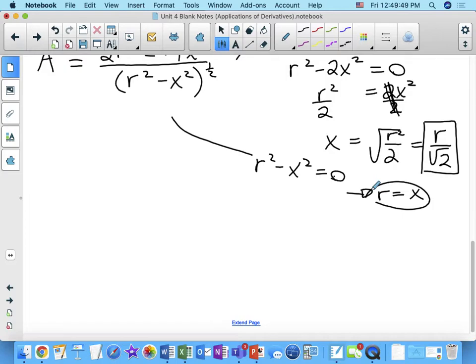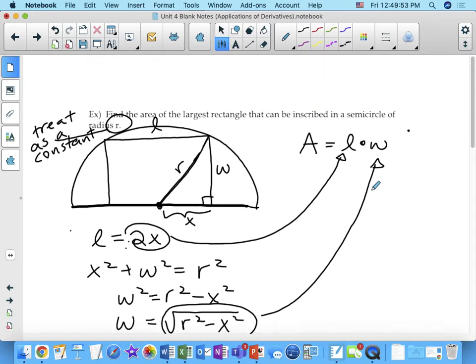Let's go back to the picture for a second. If r equals x, if this was equal to x, what would the width be? Right? If x was way out here, think about what the width would be. 0.